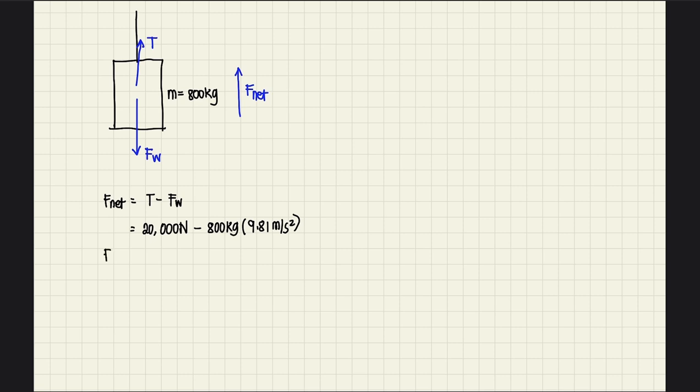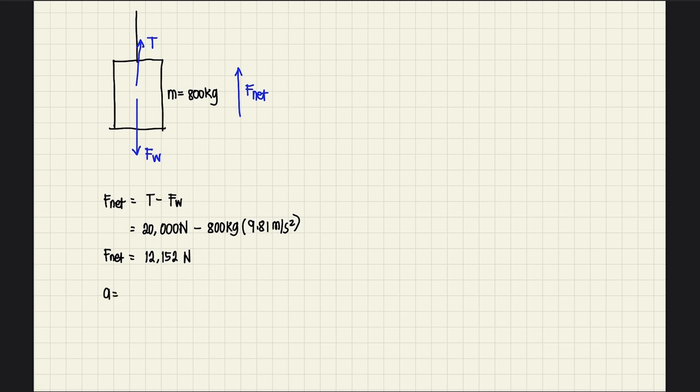So therefore, the net force is equal to, I hope that you are computing there, 20,000 minus 800 times 9.81 is equal to, you have the answer, that is 12,152 newtons.